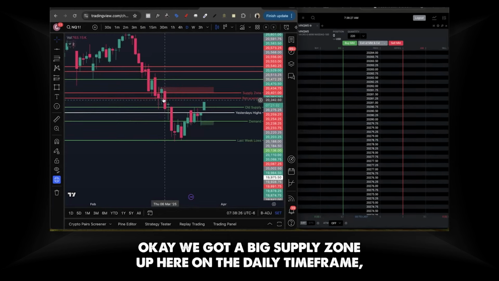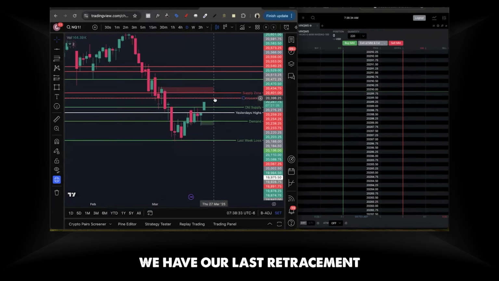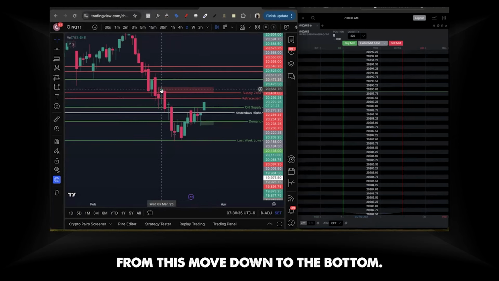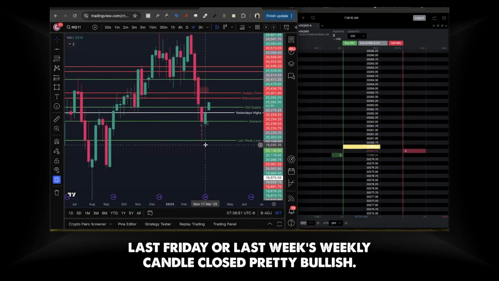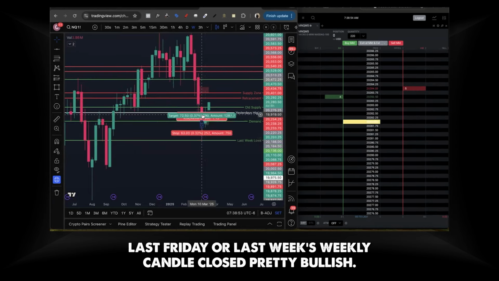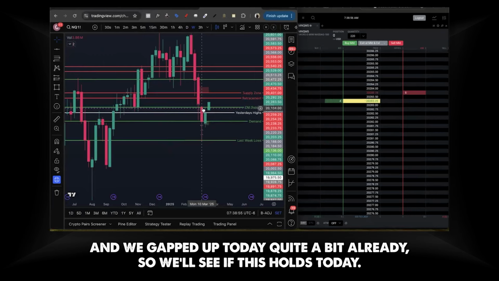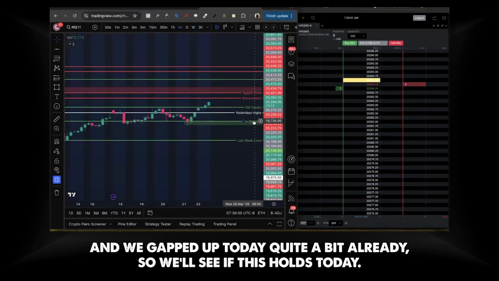Okay, we got a big supply zone up here on the daily time frame. We have our last retracement from this move down to the bottom. Last week's weekly candle closed pretty bullish, and we gapped up today quite a bit already. So we'll see if this holds today.